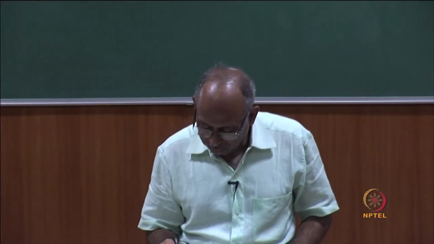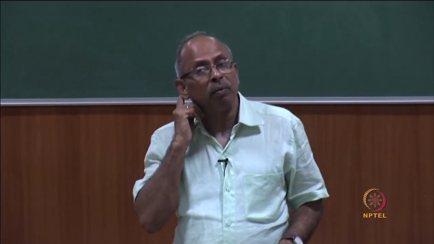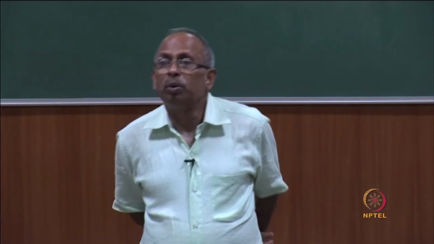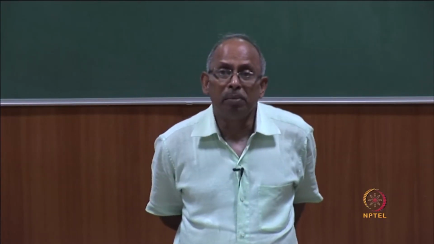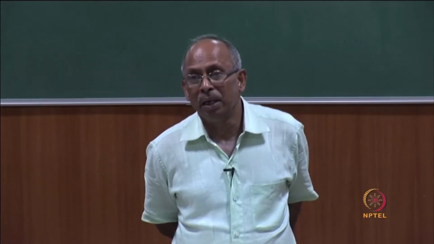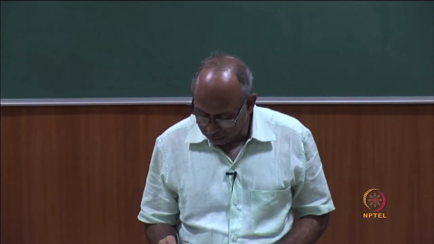Therefore, for gravel aggregate and sandstone aggregate, ultimate shrinkage, that is long term shrinkage, because we have seen that shrinkage actually is a function of time, therefore one should talk about shrinkage at different ages. Ultimate shrinkage is final, at infinite time, and it is seen that it depends upon the volume to surface area ratio.